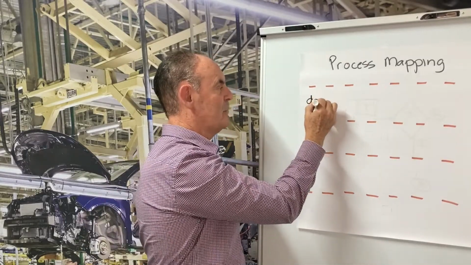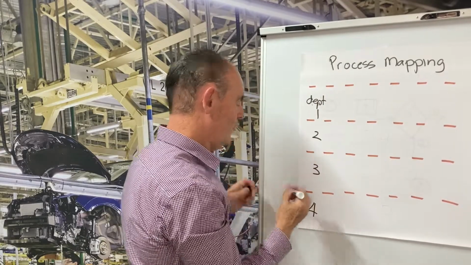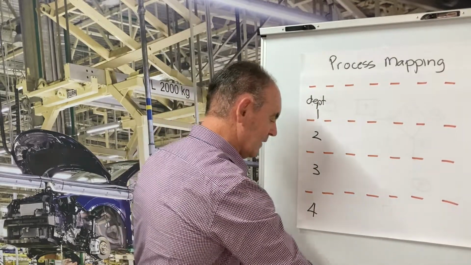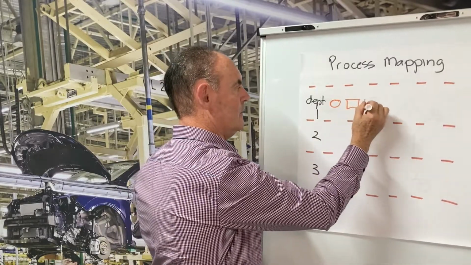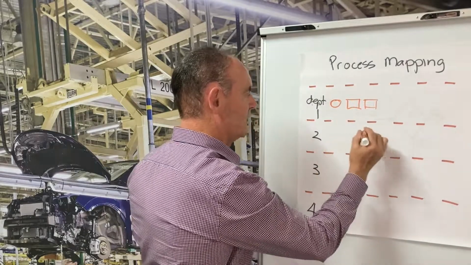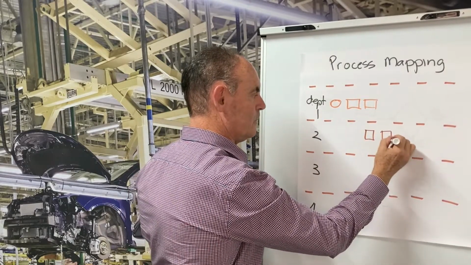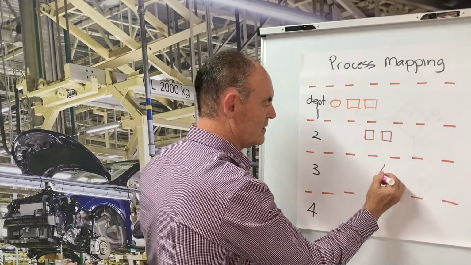So we have these departments, department 1, 2, 3, and 4. And then we're going to create the different colors of the start. And then a different color for the different department. And in this case, I'm going to use a decision box.